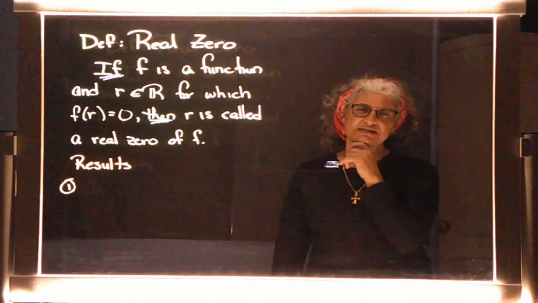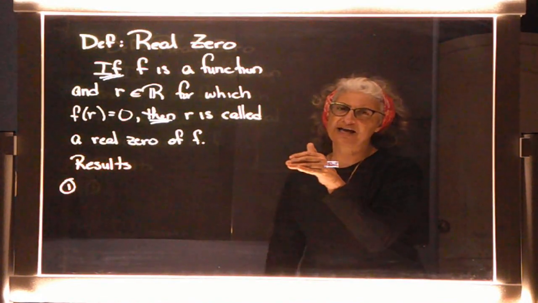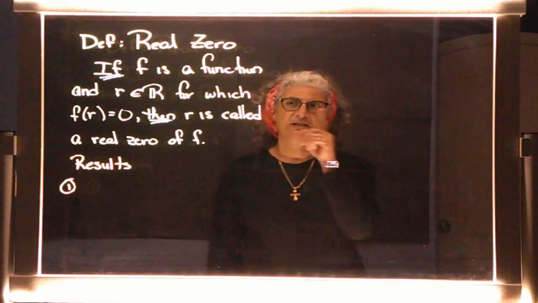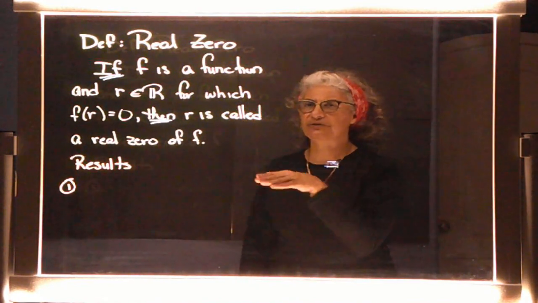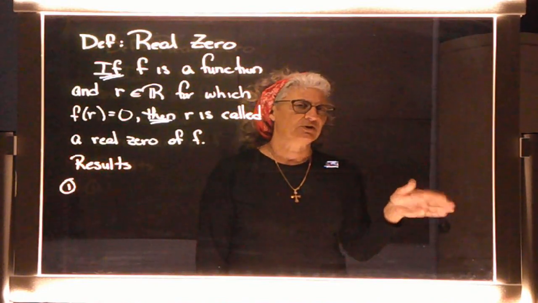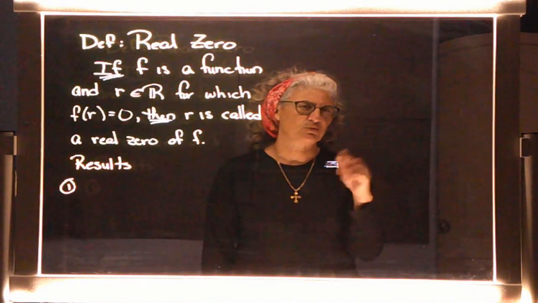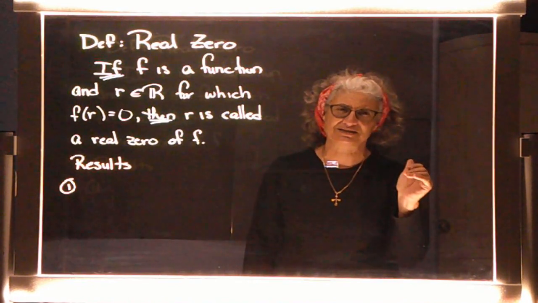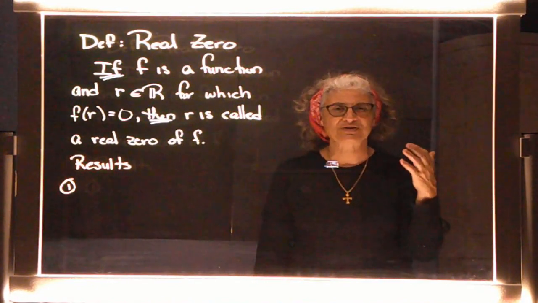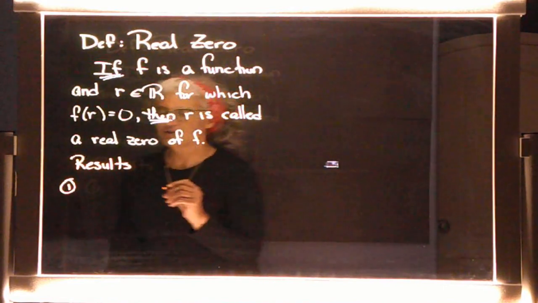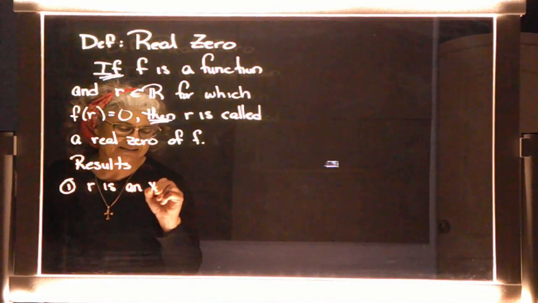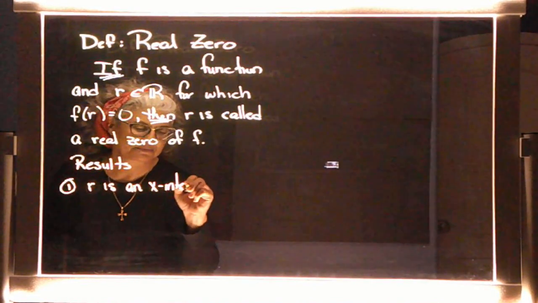Y. So you plug a number in for x, you get a y equaling 0. What did you actually just find there? When x is a number but y is equal to 0, what is that? Yeah, it's an x-intercept, isn't it? So one of the results is r is an x-intercept.